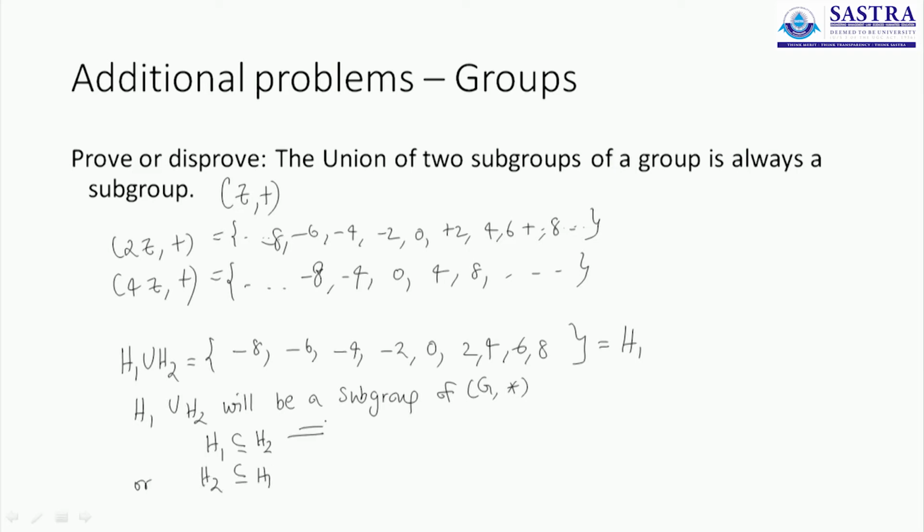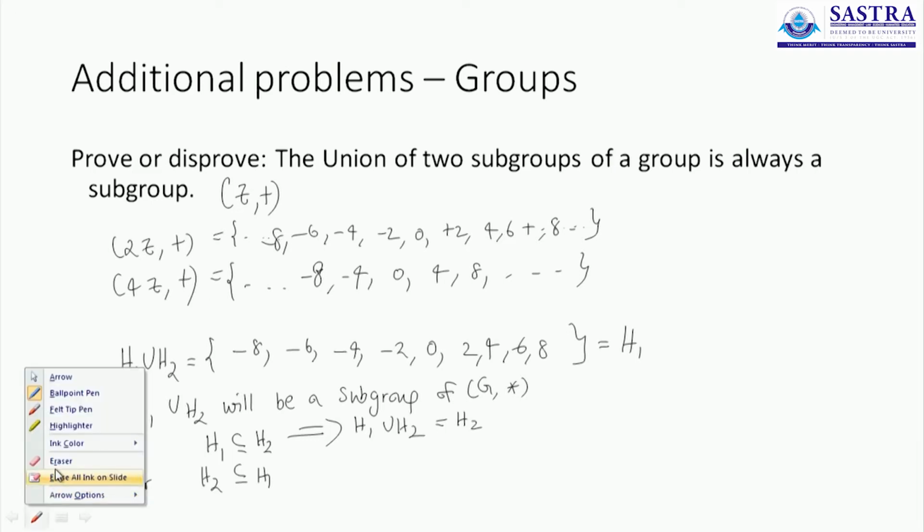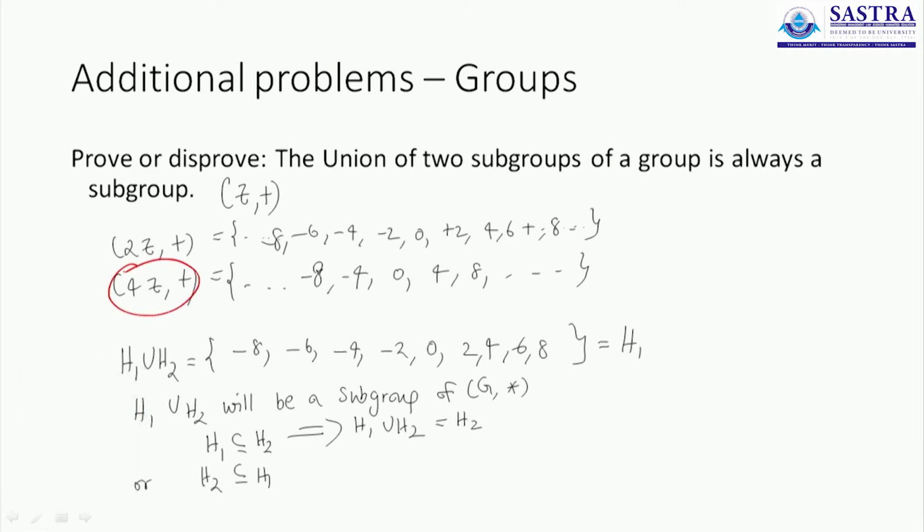Because if H1 is contained in H2, H1 union H2 is H2. It just says all elements of one are contained in the other, like here. All elements of this subgroup are contained in the previous subgroup, because any multiple of 4 is also a multiple of 2.